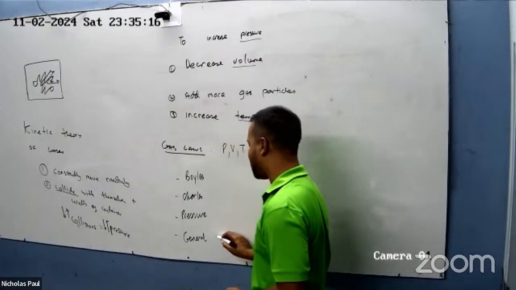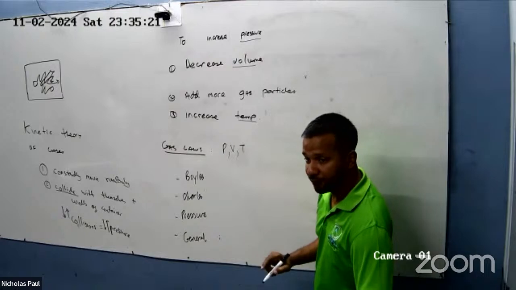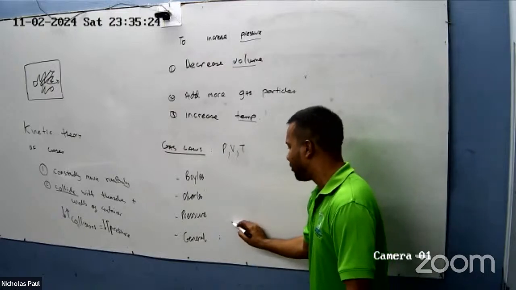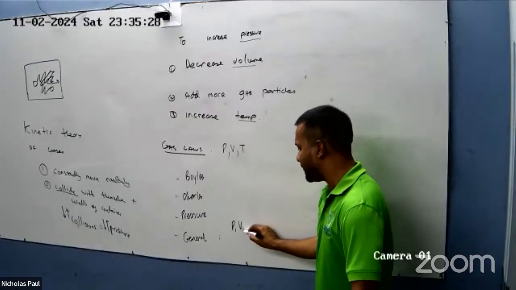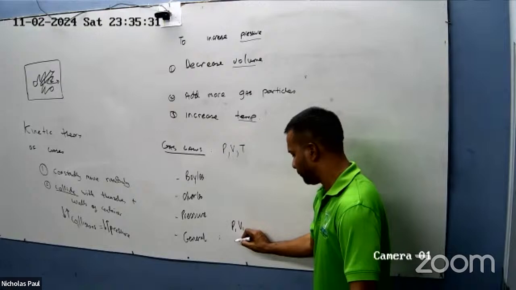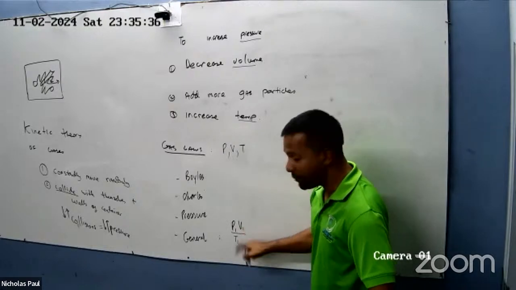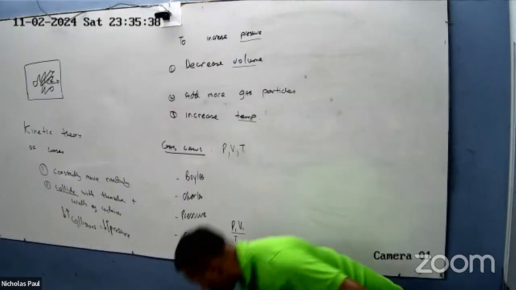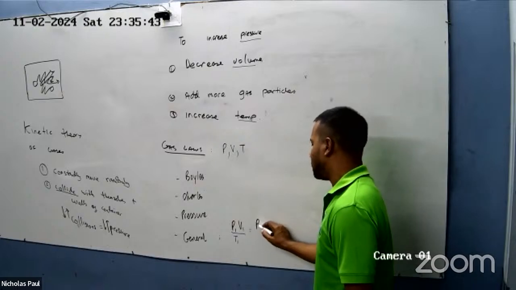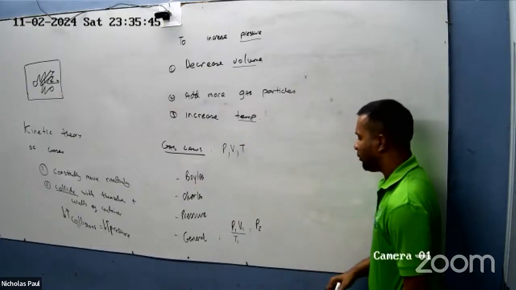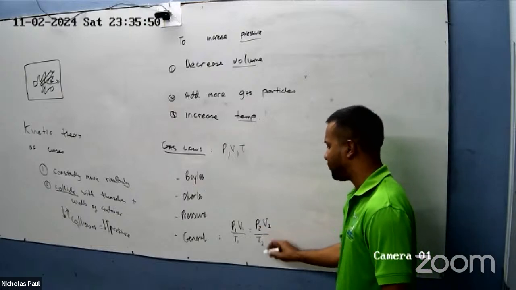I'll start with the general law, because the general law shows how all 3 are related. Here is what the general law says. If I have an initial pressure, multiply it by the initial volume, and divide by the initial temperature, where 1 means the initial, then that is equal to the final pressure times the final volume divided by the final temperature.